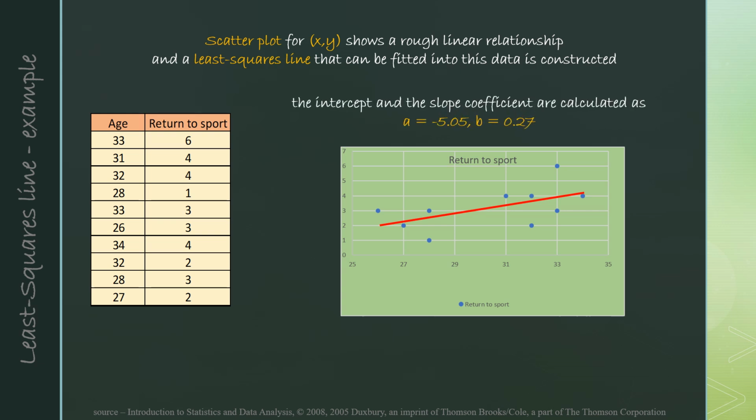The intercept and the slope coefficients are calculated as a equals minus 5.05 and b equals 0.27. The equation for the least squares line thus constructed is y hat equals minus 5.05 plus 0.27 multiplied by x.